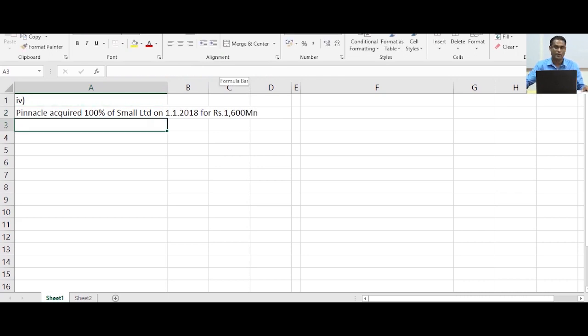Okay, so Pinnacle acquired 100% holding of Small Limited on 1st January 2018 for 1,600. This is the date of incorporation of Small Limited.